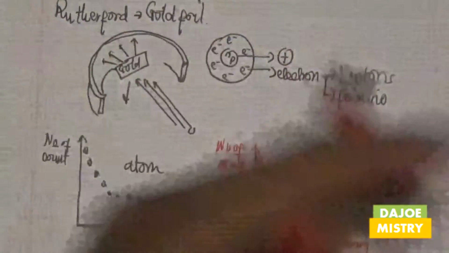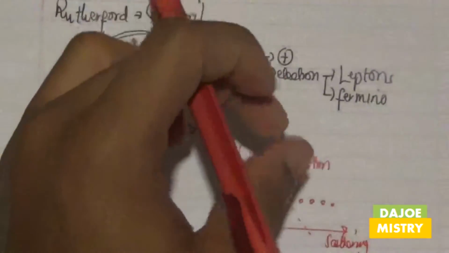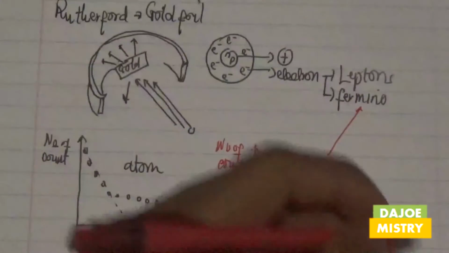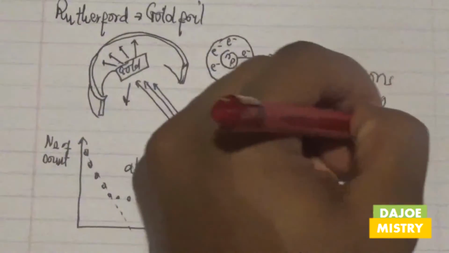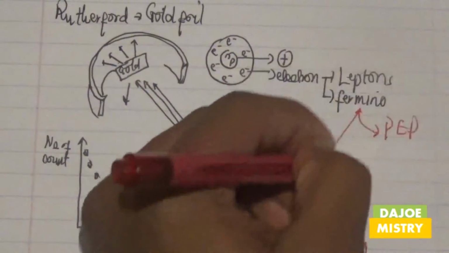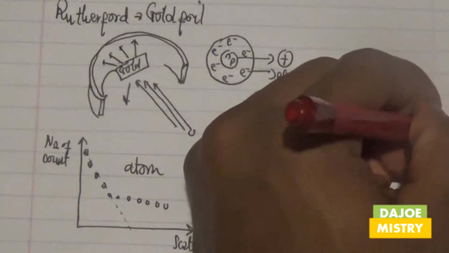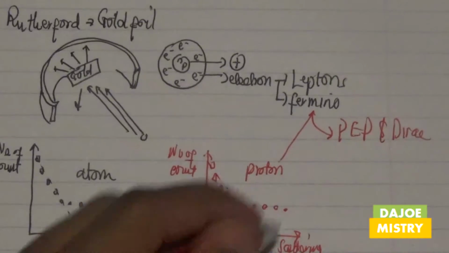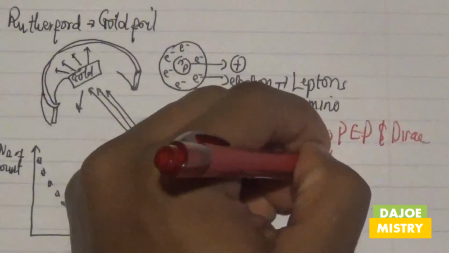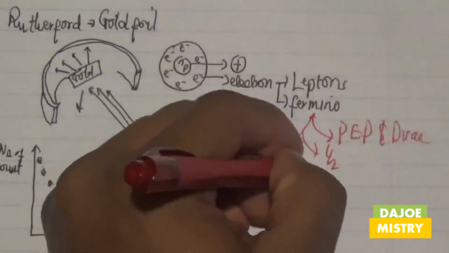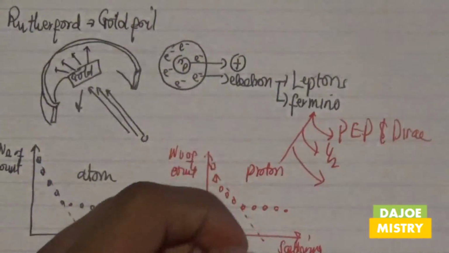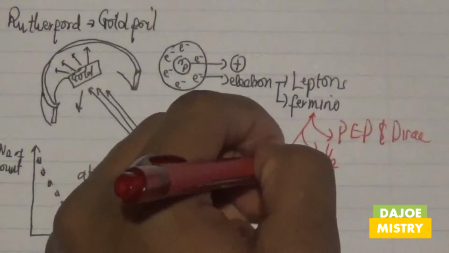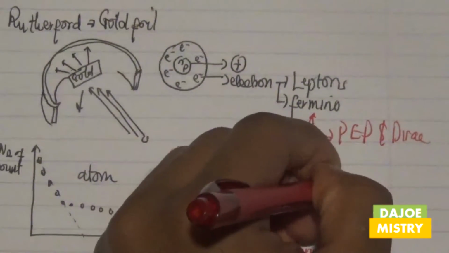And if you look at our previous video, we categorized a proton as a fermion, and once you're a fermion, you obey the Pauli exclusion principle and also Dirac statistics. Beautifully enough, you also have a half integral spin, and in this case for the proton, you're considered to be a baryon.